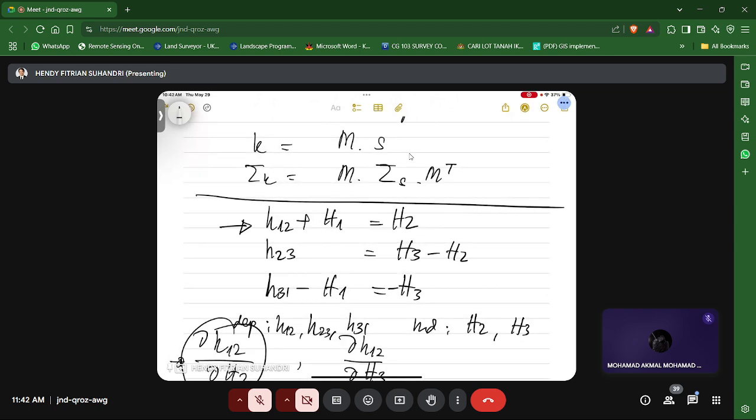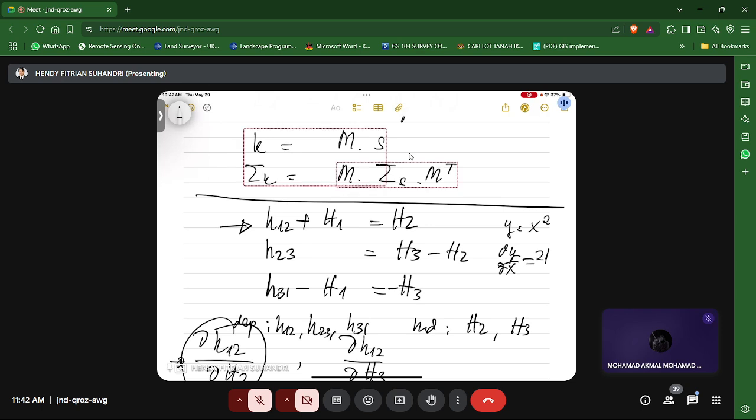Diturunkan terhadap H2 menjadi satu, sebab H2 ni kuasa 1. Y sama dengan X, dy dx, turunan daripada X ialah 1.